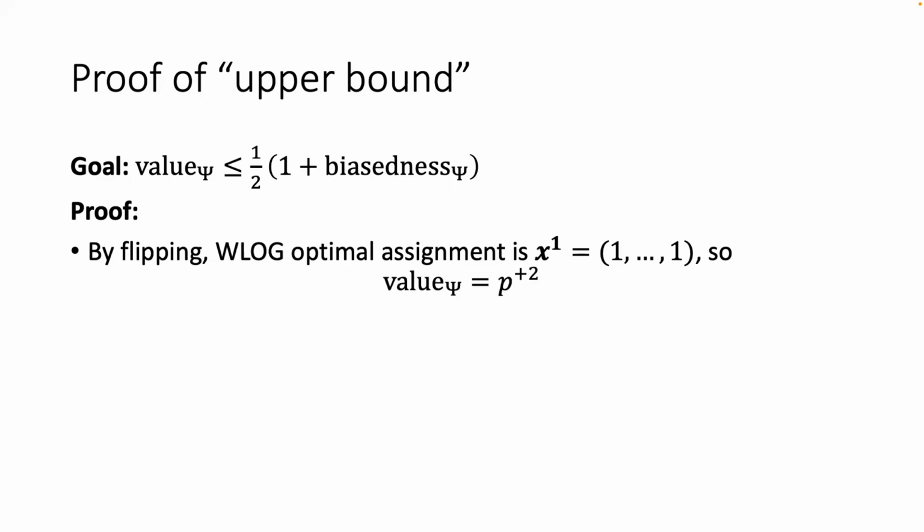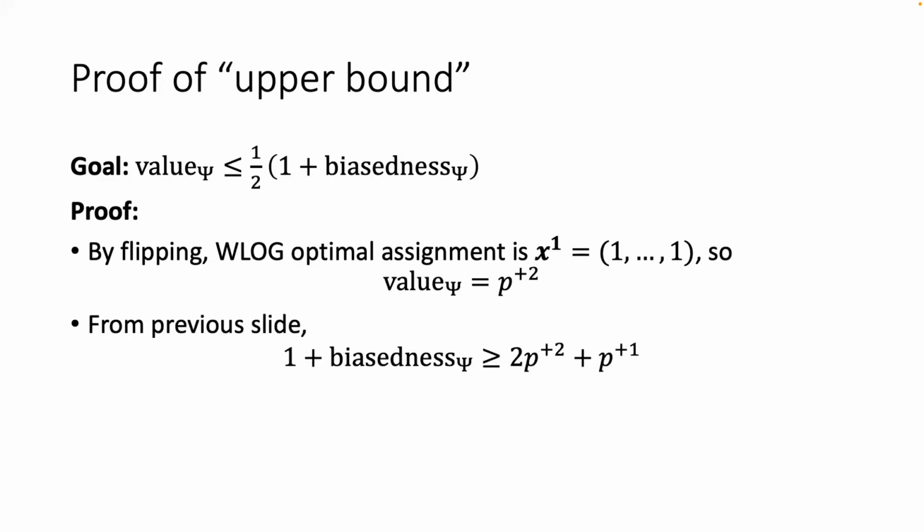So the value of this instance: the only constraints which are satisfied in the optimal assignment are the constraints where both literals are positive. Because if I plug in the all ones assignment, the only constraints that will be satisfied are the constraints where both literals are positive. And then from the previous slide, we wrote this inequality.